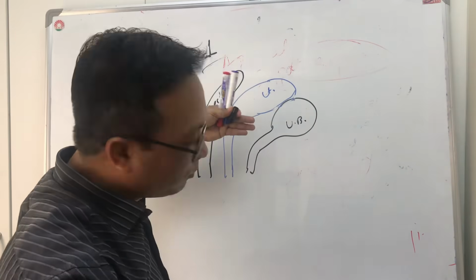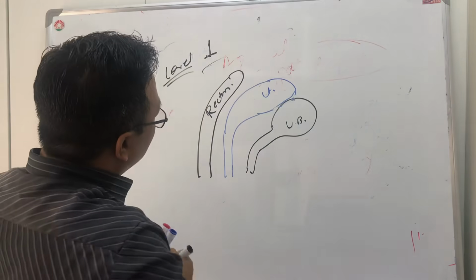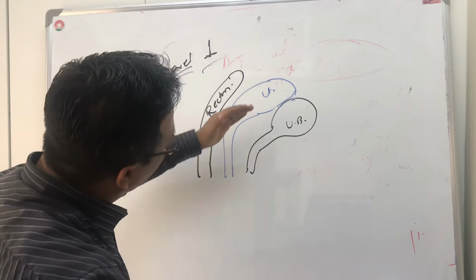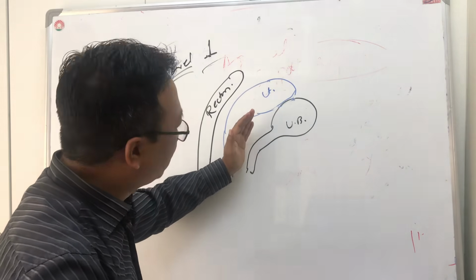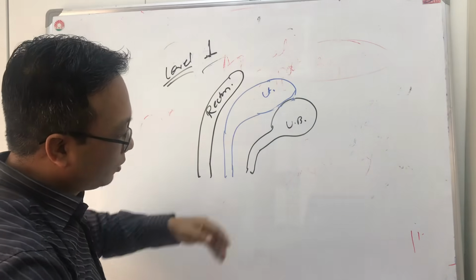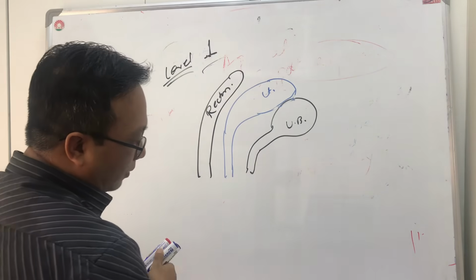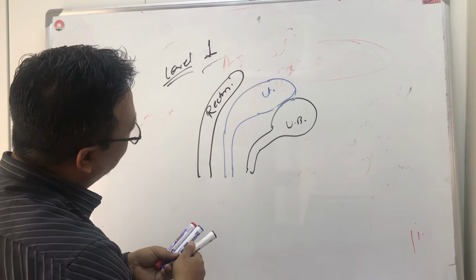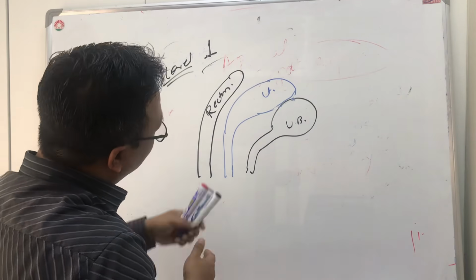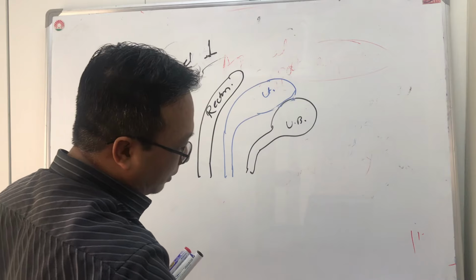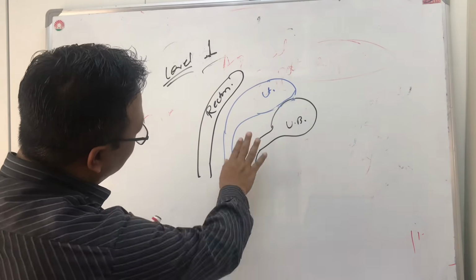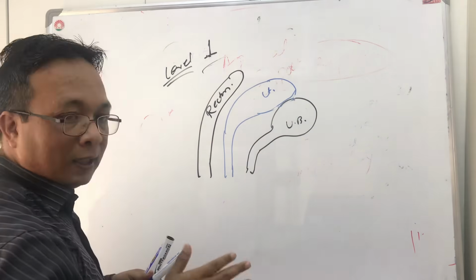We are still looking from the side. Between the uterus and the urinary bladder, there is like a curtain, a piece of ligament here, called the pubo-cervical ligament. Oh sorry, these are not ligaments, they are called septum.